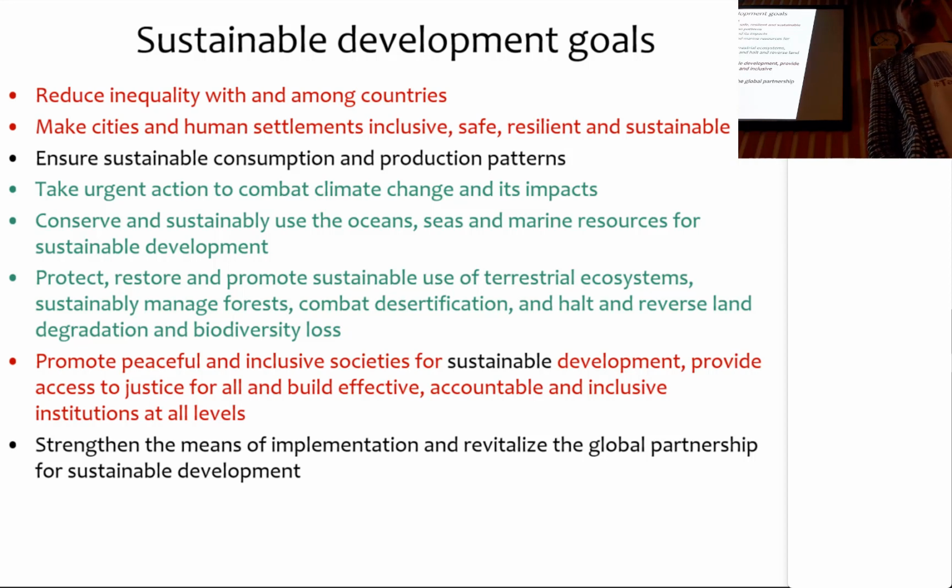So of the 17 sustainable development goals, at the moment, only 3 are directly related to the environment. And 12 of the others are social goals, no longer environmental goals. And there's nothing wrong with trying to promote a good society, but it's no longer environmental care, right?